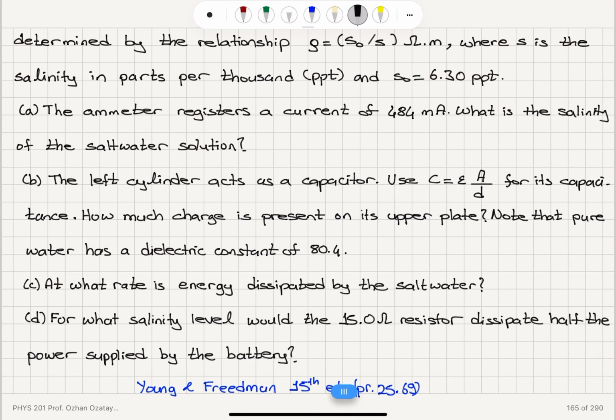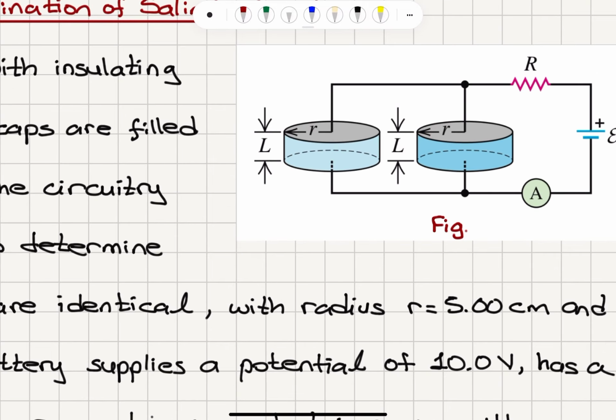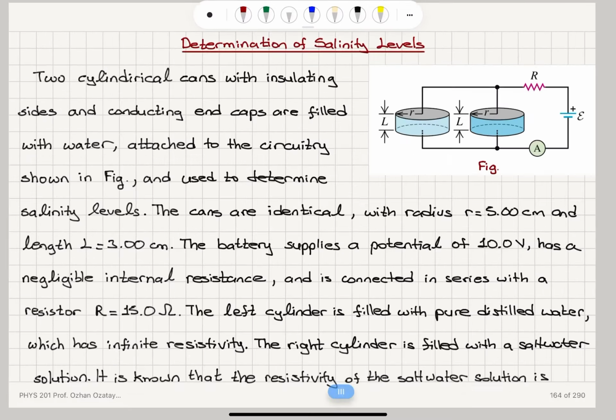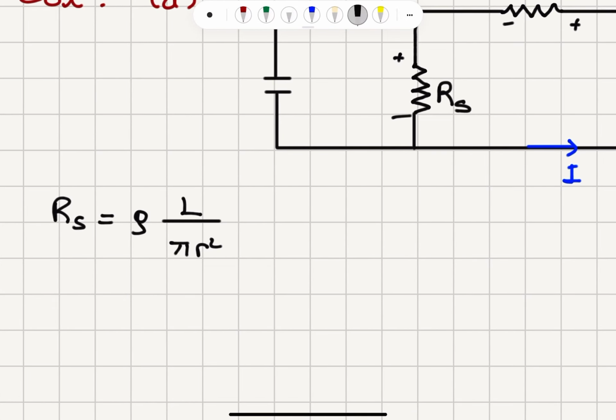So remember that these are all cylinders with radius r, length L. Okay, so that is the resistance of the seawater. Now what is the resistivity? The resistivity was given as S0 over S, so it is S0 times L divided by S times pi r squared.